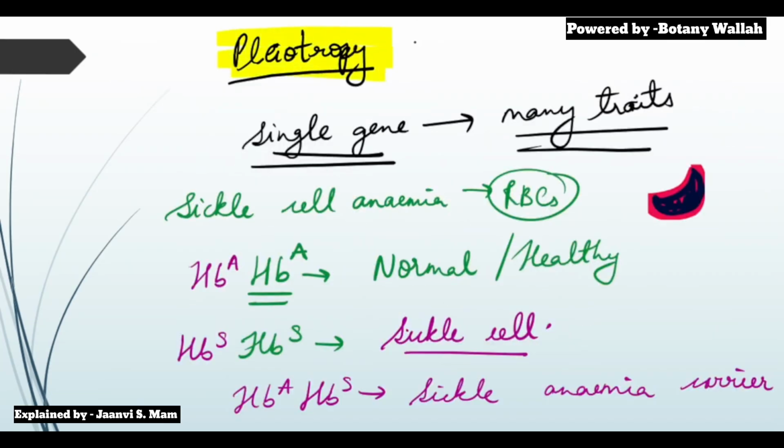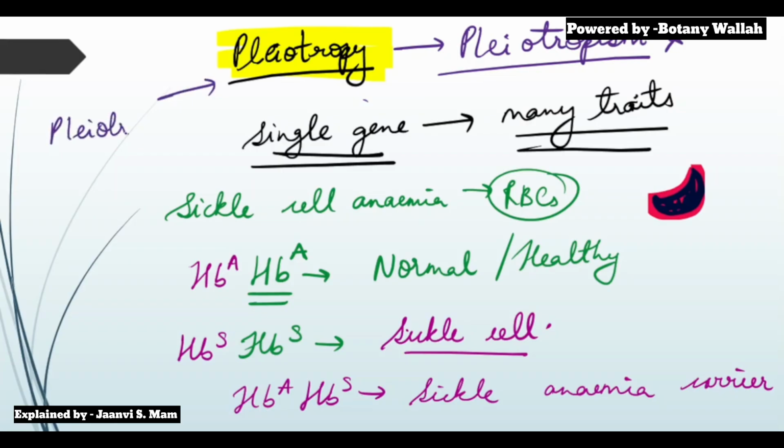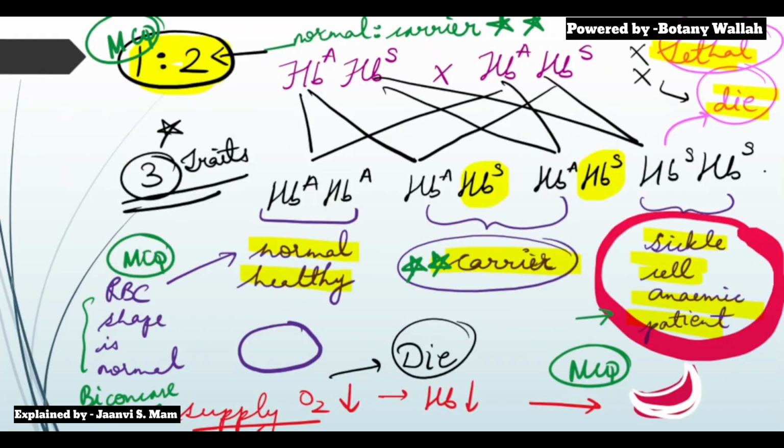We can also say pleiotropism, and the gene responsible for this is known as the pleiotropic gene. So this is entirely about pleiotropy which I had discussed.